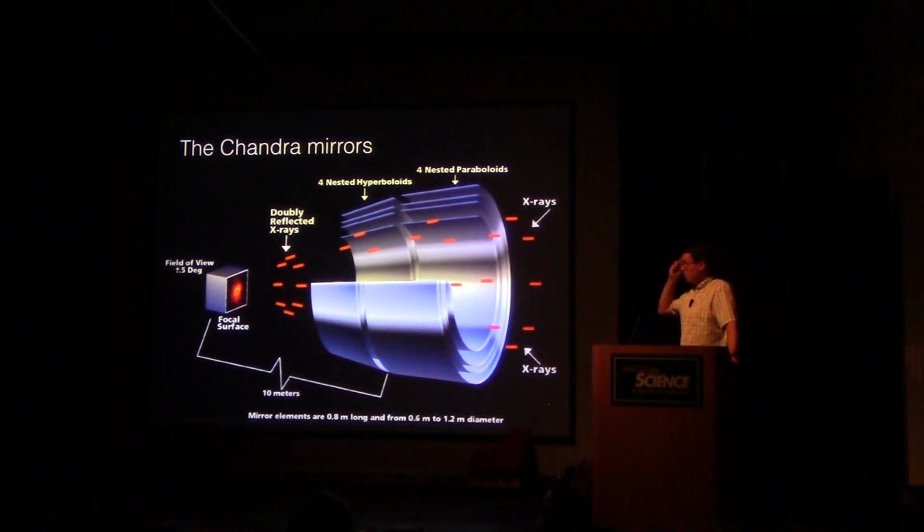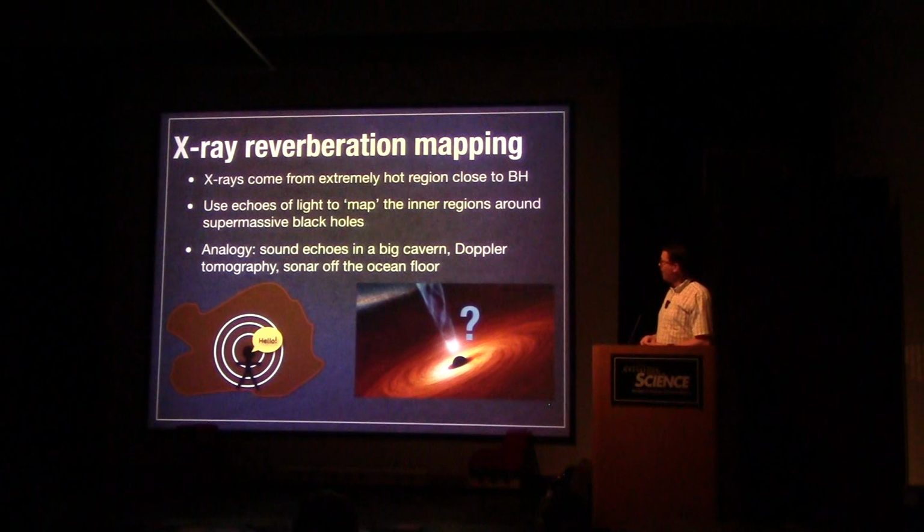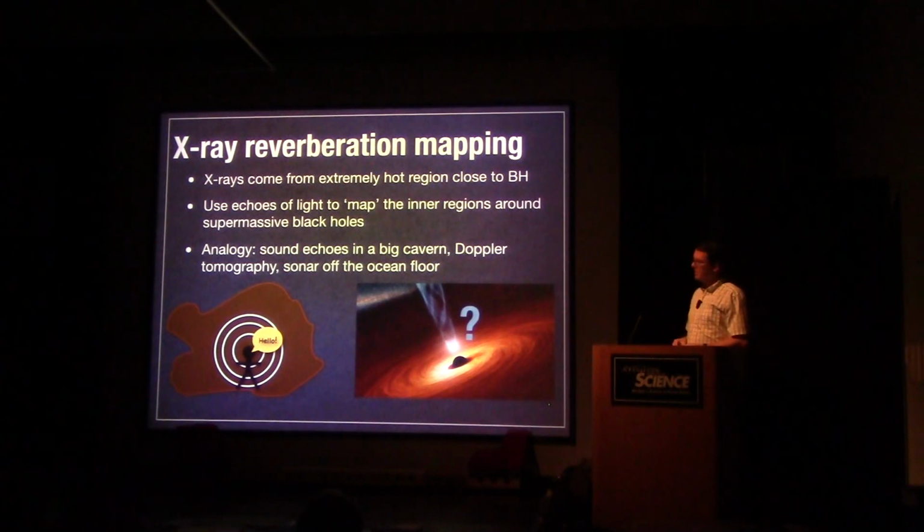And so what do we do? Well, we use Chandra and XMM and other X-ray telescopes to look at the X-rays coming from material in these accretion disks falling into black holes. And we use a technique that we've developed called X-ray reverberation mapping that uses echoes of light to try and map the inner regions around supermassive black holes.